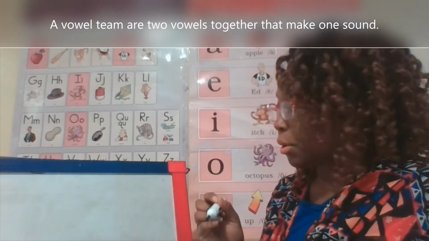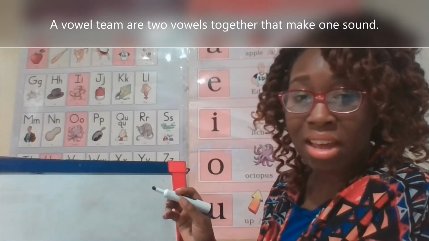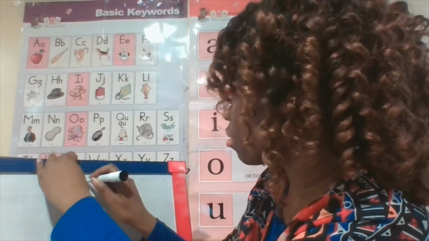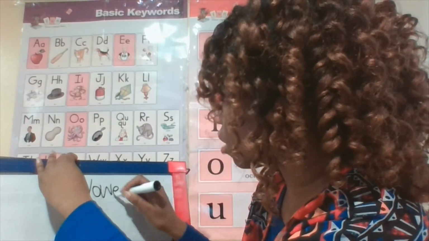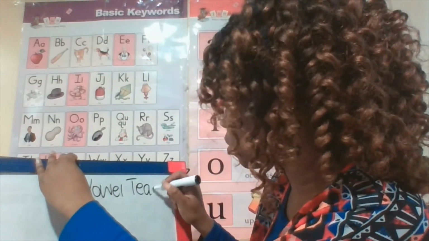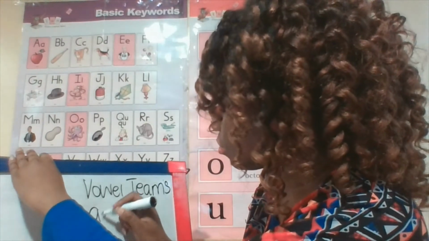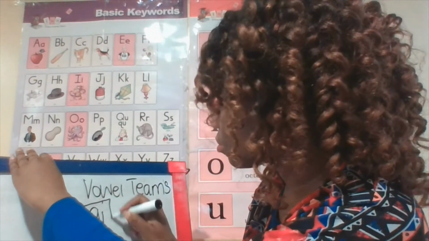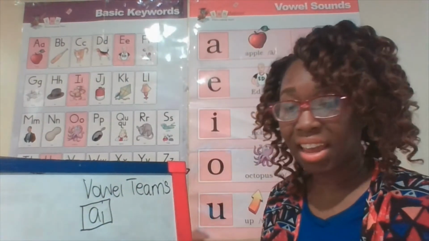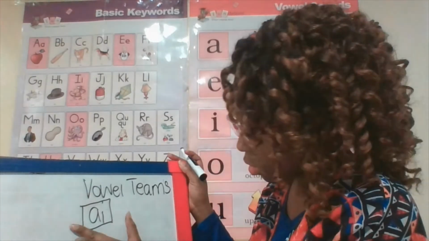So for example, okay, so I'm going to write vowel teams on the board here so you know what our focus is. And you might think of this vowel team. A, I. An A and an I, right?